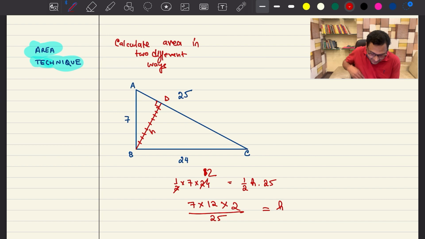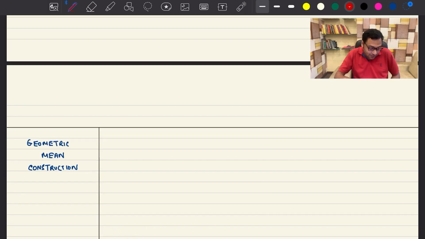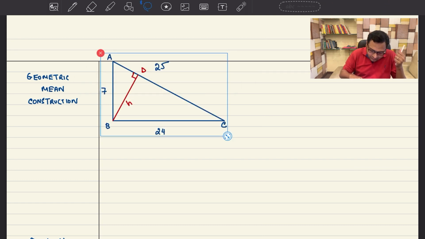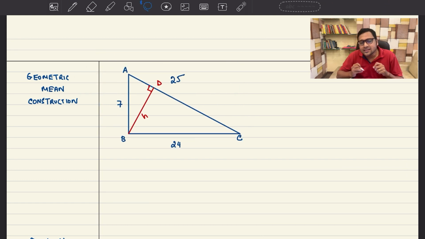Okay, all right. So let's move on to the next topic, which is the geometric mean construction. The picture that we have is actually related to a very beautiful part of algebra, connects geometry and algebra. It's awesome.